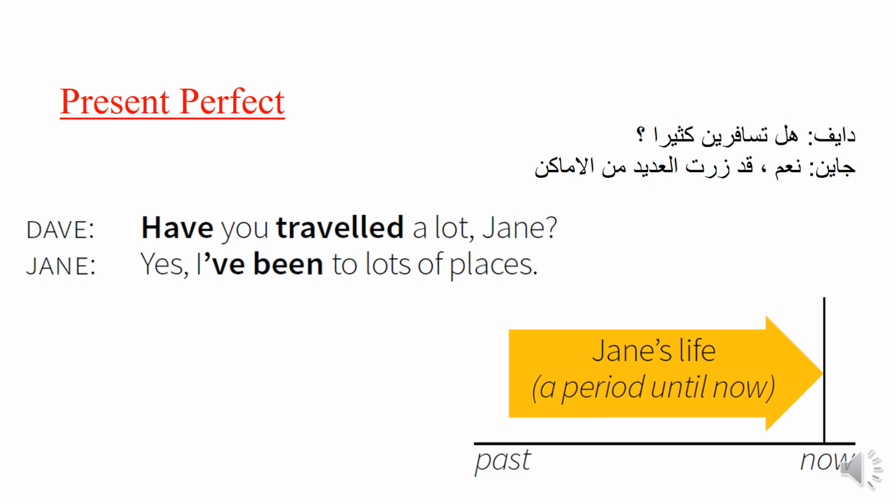In this timeline chart, you can see that we have the present perfect, in which the event or action started at a specific point in the past and it has a kind of result that continues till now.